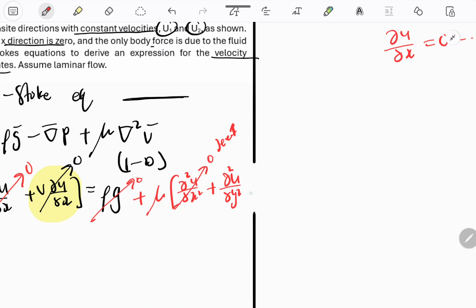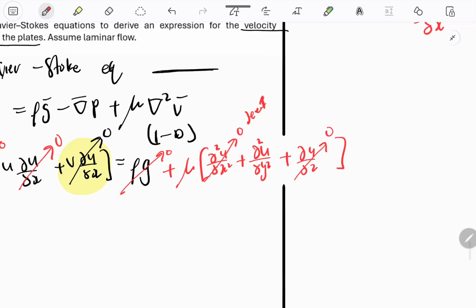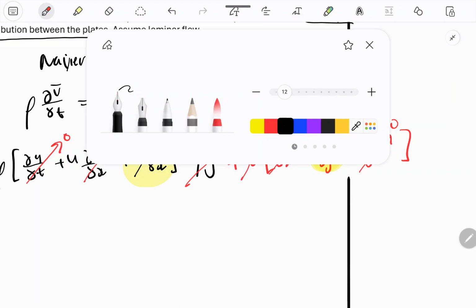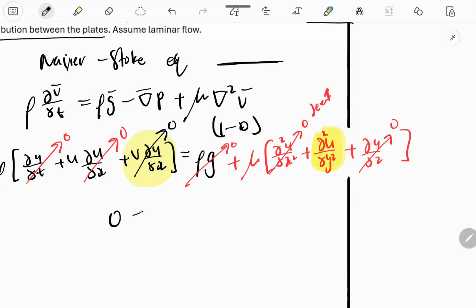We didn't say anything about it, but du over dz doesn't exist either. So that makes us have this term. That's the only term that remains after I check my Navier-Stokes. So I'll have 0 equals this. This is what we end up having.